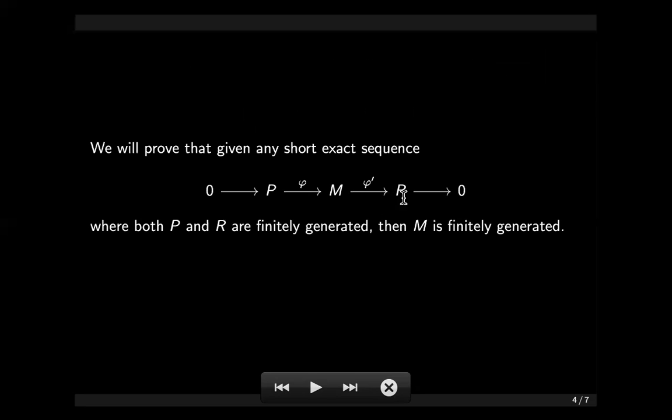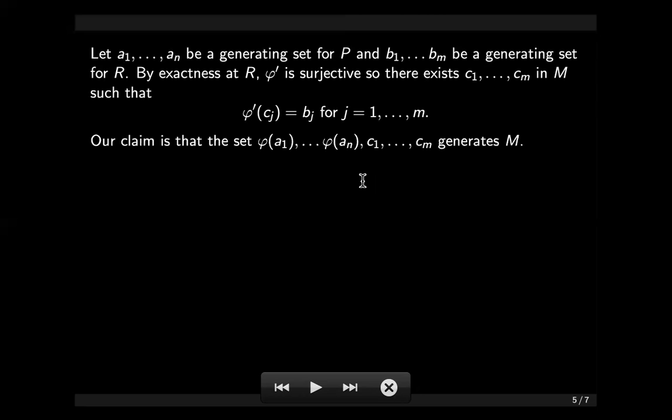And because of that, our generating set for R has pre-images in M. So that's all we're saying there.